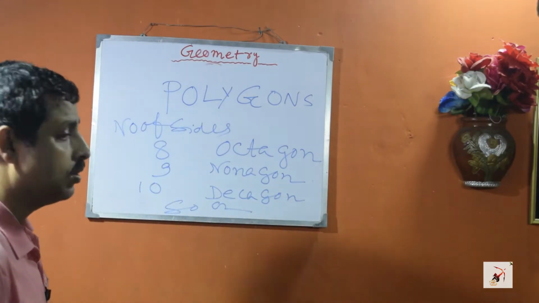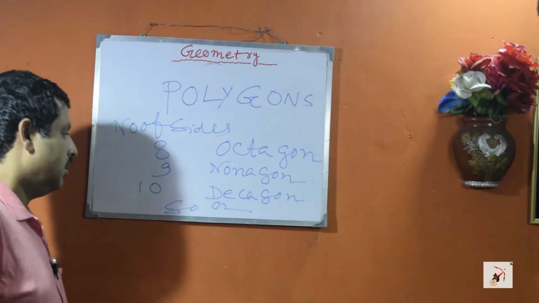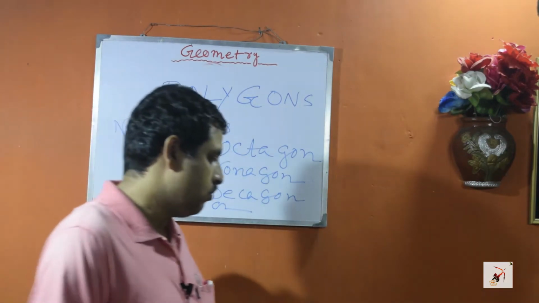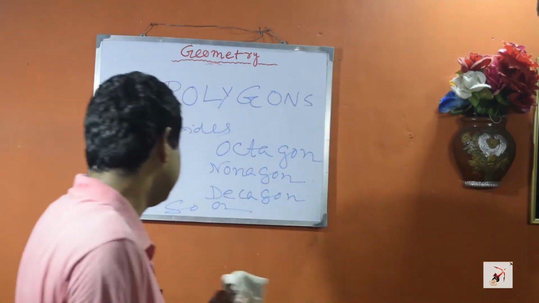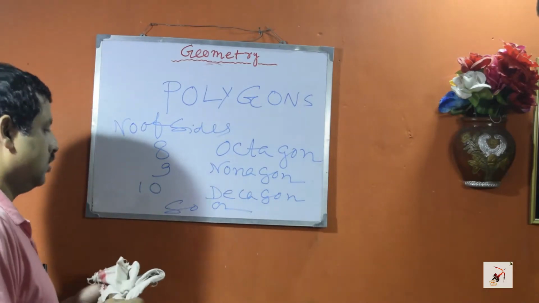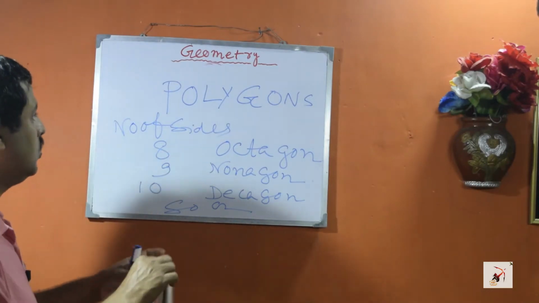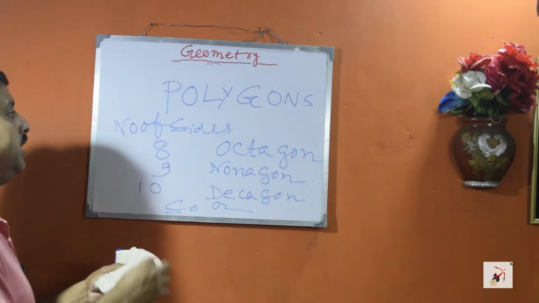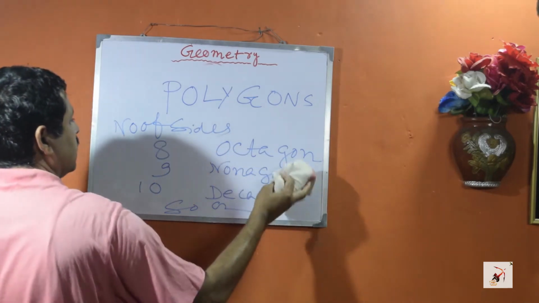Deca is a Roman word, stands for 10. So these are the closed figures, or simply you can say polygons.